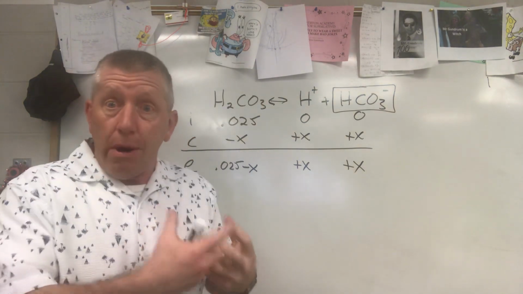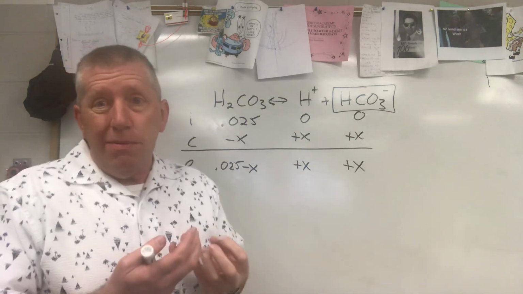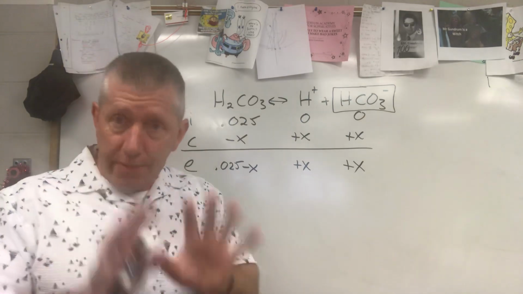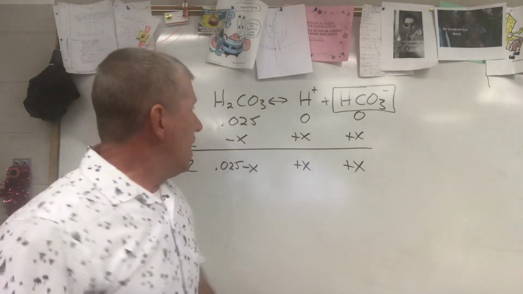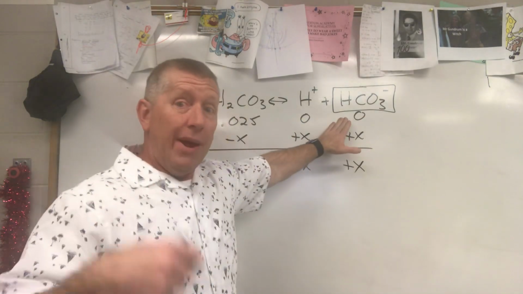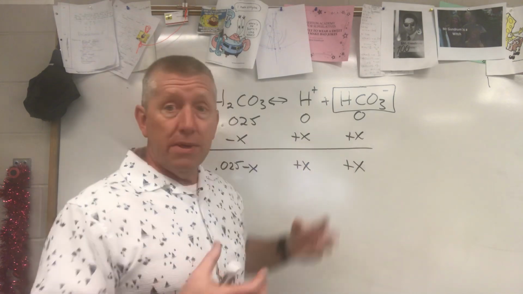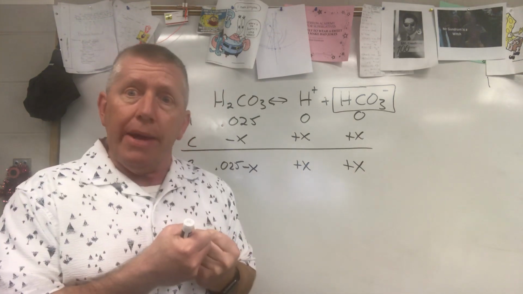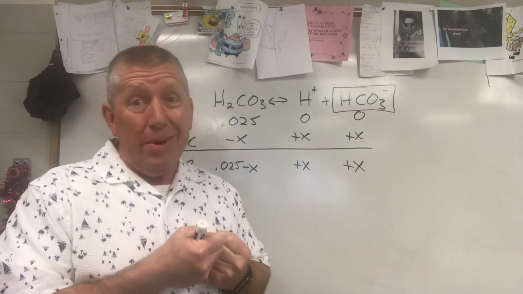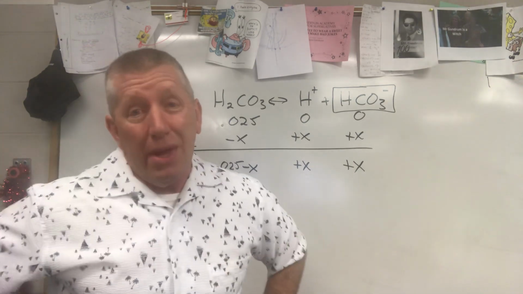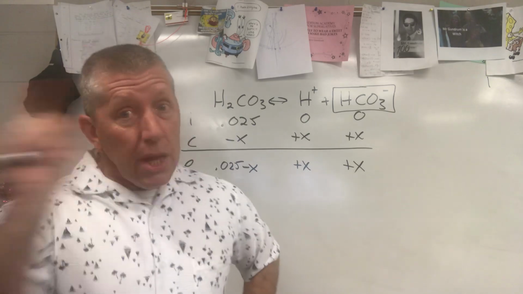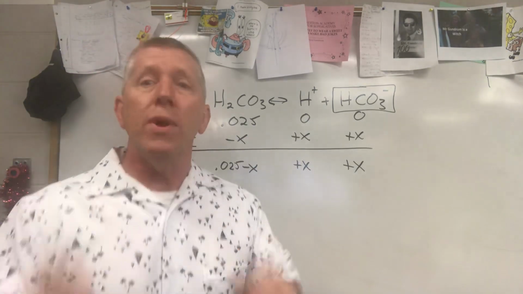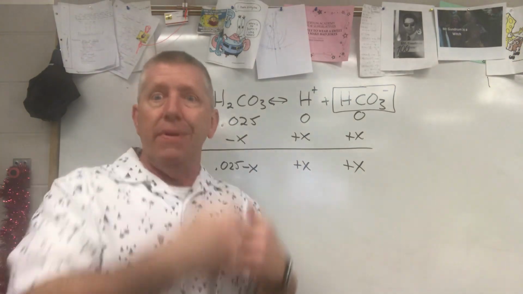It kind of wants to hang out with the carbonate, but a few of them will leave, and therefore it's a weak acid, with not complete ionization. In the remaining species, bicarbonate, that hydrogen is even more strongly connected to the carbonate ion. The carbonate is like, I gave you one hydrogen, I don't want to give you a second one. So it's even weaker, which means it doesn't want to break down even more.